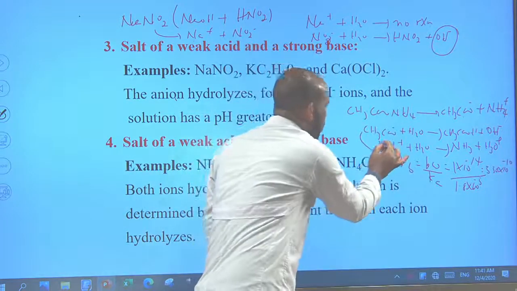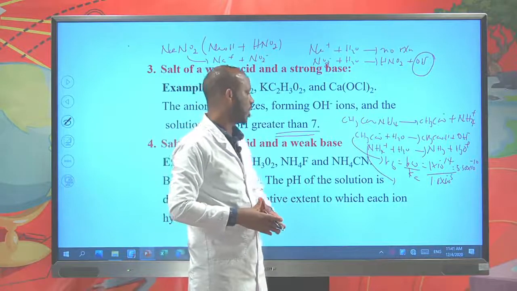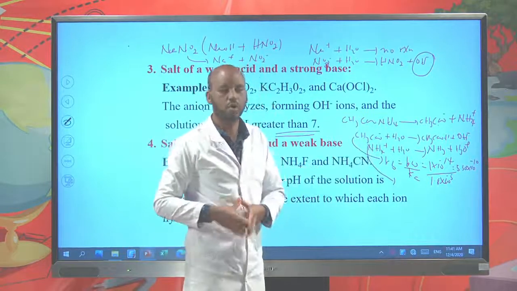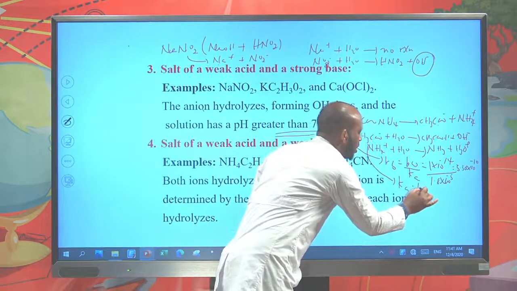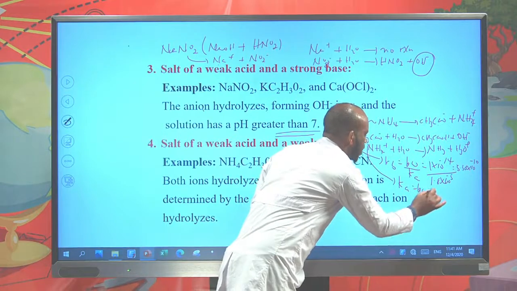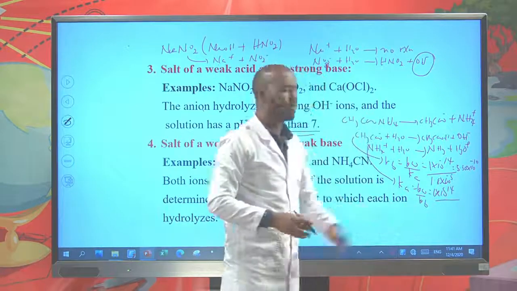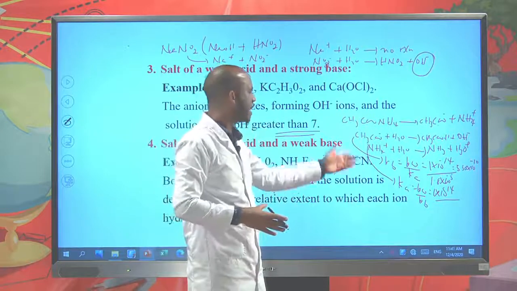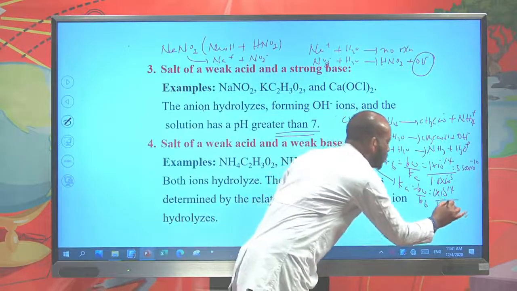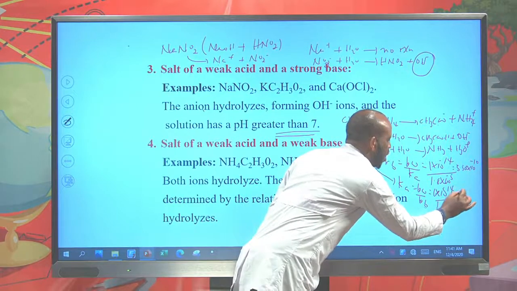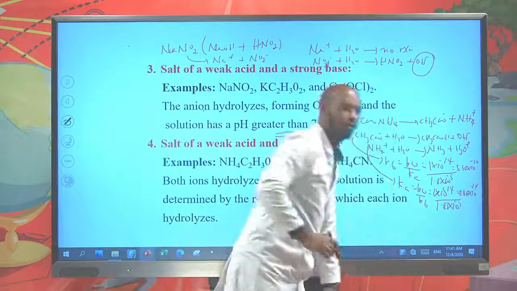This is an acid. What type of acid? The conjugate acid of the weak base, ammonia. K acid equals K water divided by K base. K water is 1 times 10 raised to minus 14, divided by K base of the parent base, ammonia. Its dissociation constant is 1.8 times 10 raised to minus 5, giving 5.56 times 10 raised to minus 10.